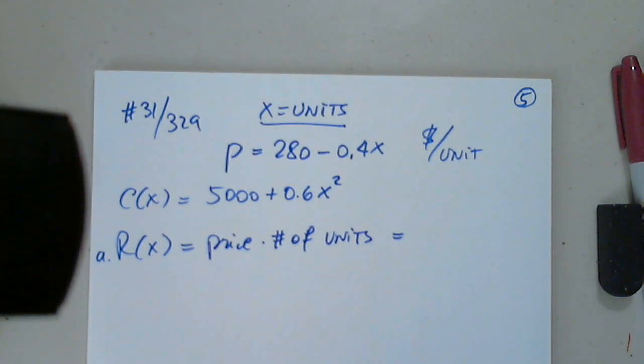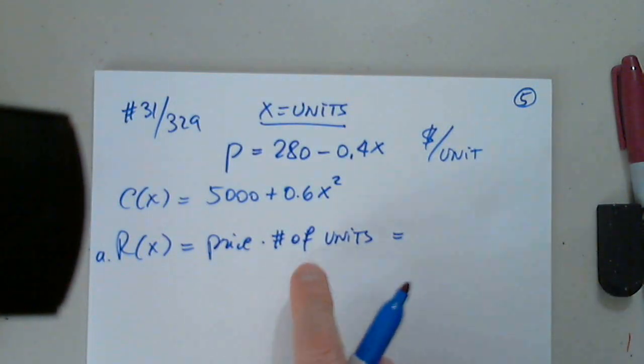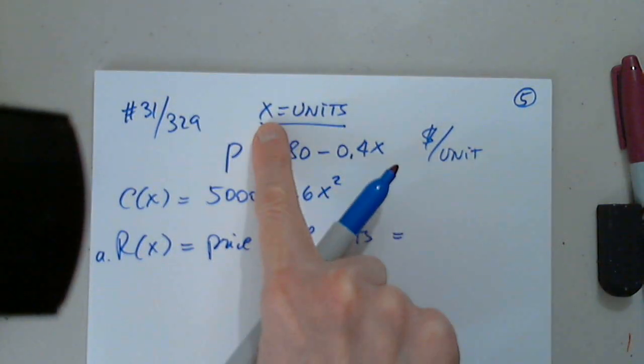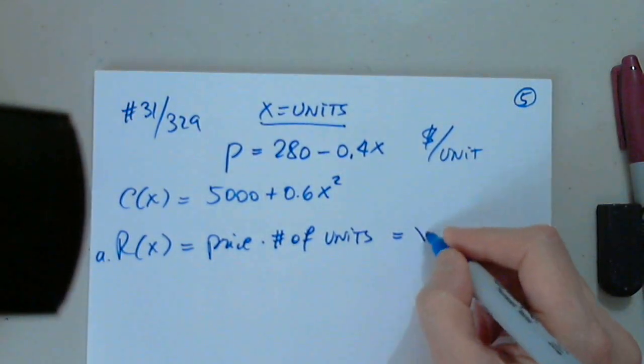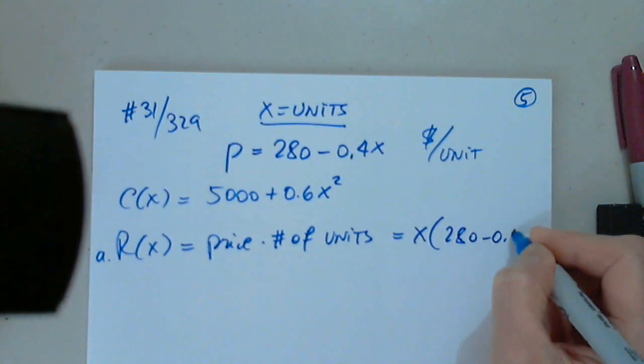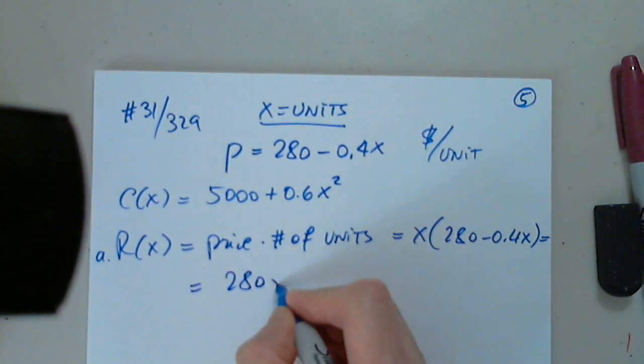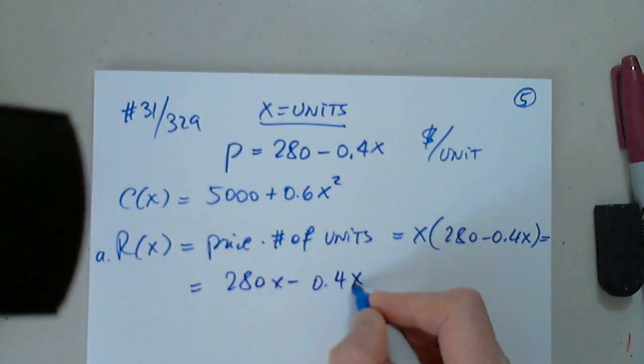How do we write this? Will that be 280 minus 0.4x and then times x? That's it. So x, 280 minus 0.4x. I will distribute: 280x minus 0.4x squared.